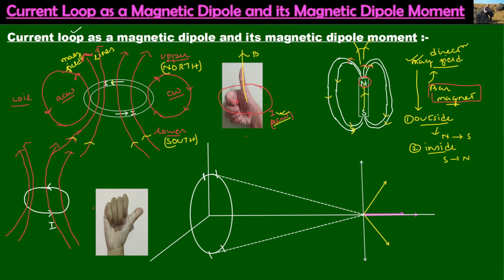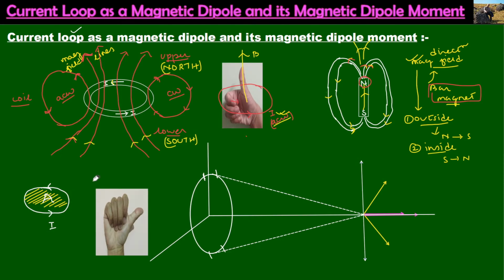So when you look at any coil, after I remove all those magnetic field lines, there will be a certain area enclosed by this coil. This will be the area enclosed by the coil. Suppose I write this as area A, the area A of the coil.